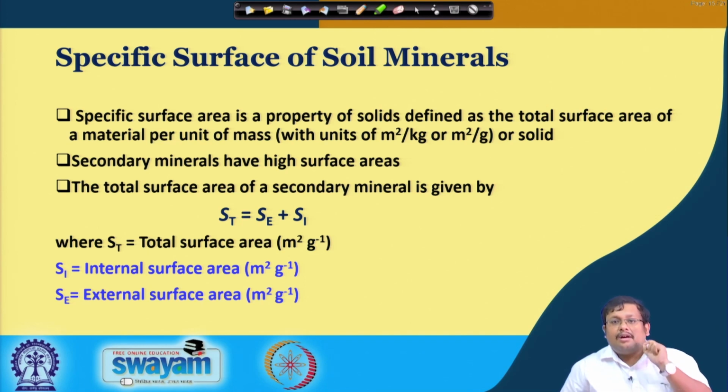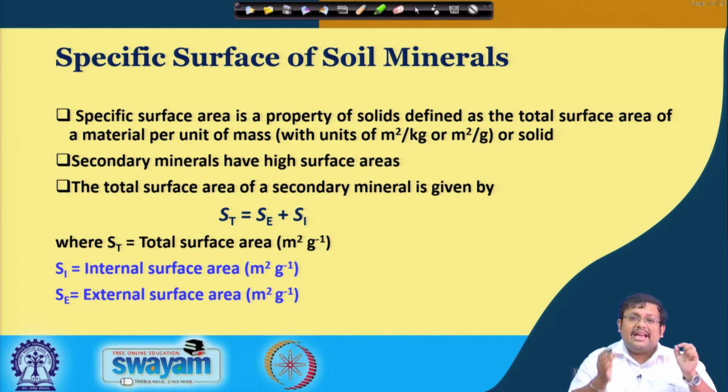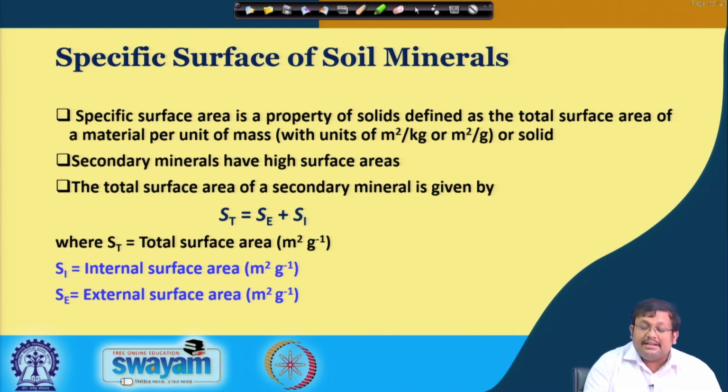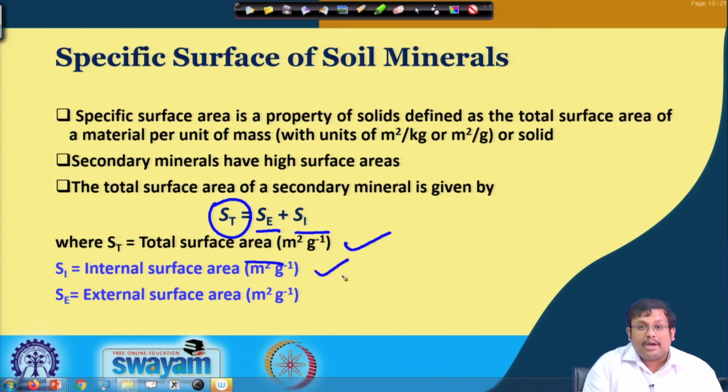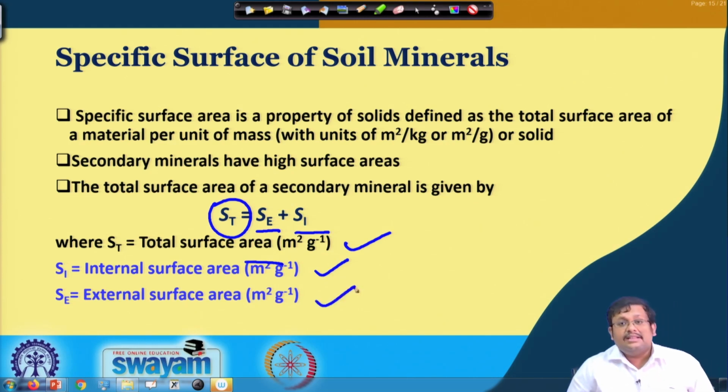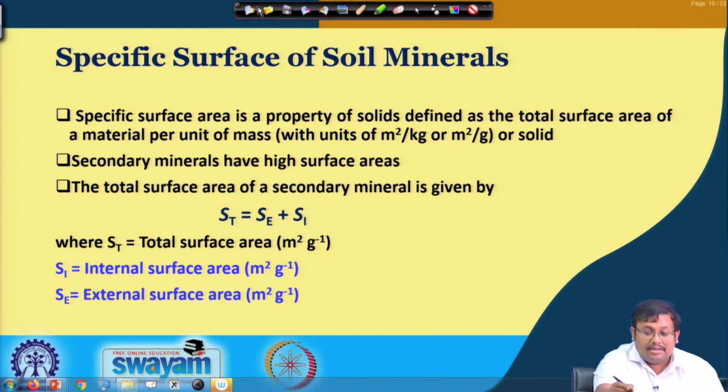They are the end product of all types of weathering, both physical and chemical. The total surface area of the secondary minerals is given by ST equals SE plus SI, where ST is the total surface area in square meter per gram, SI is the internal surface area in square meter per gram, and SE is the external surface area in square meter per gram.